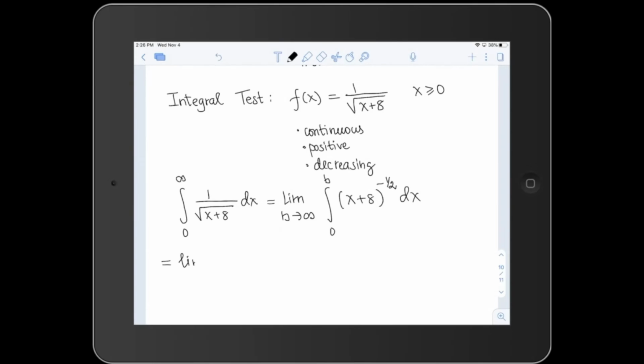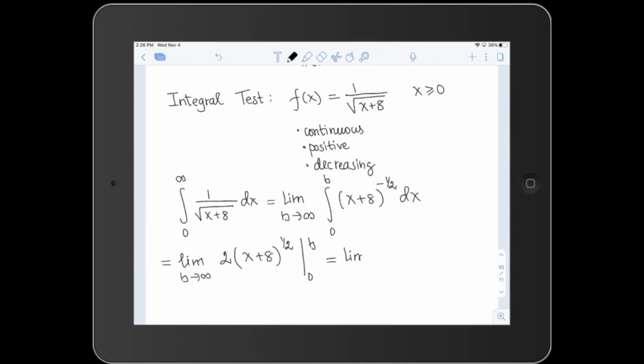You can use the u substitution, or you can see the power rule will apply here. So the limit as b goes to infinity. The antiderivative is 2 times (x plus 8) to the power 1/2. You can check: if you differentiate this, you will get your integrand. Go from 0 to b.